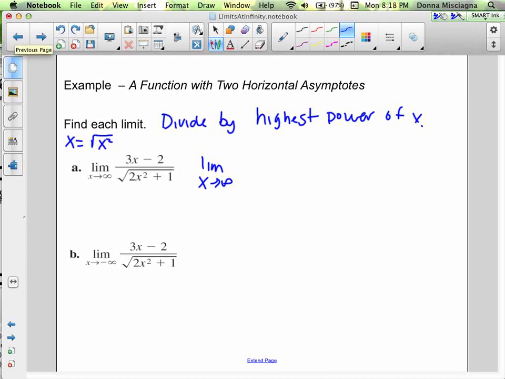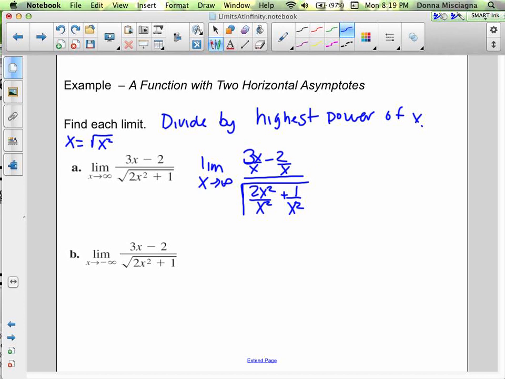So we have 3x divided by x minus 2 divided by x, all over the square root of 2x squared divided by x squared, that's continuing my radical there, plus 1 divided by x squared.